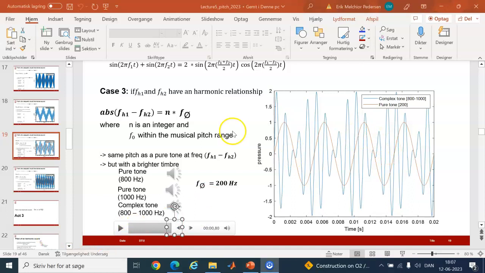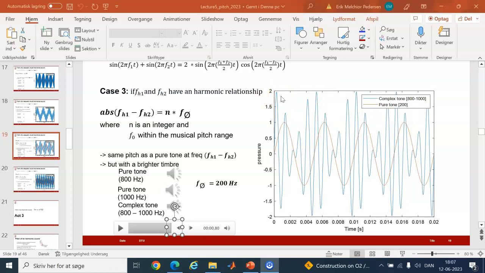I try to explain the complex tone. There's 1 peak, 2, 3, 4, 5 peaks here, or you can say 1, 2, 3, 4, and number 5, and the distance between those peaks here are the same.